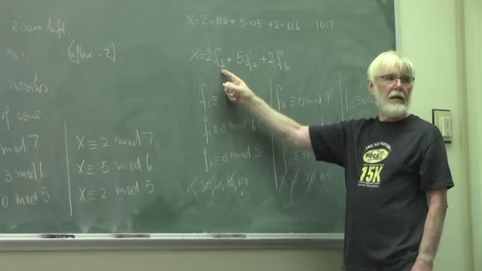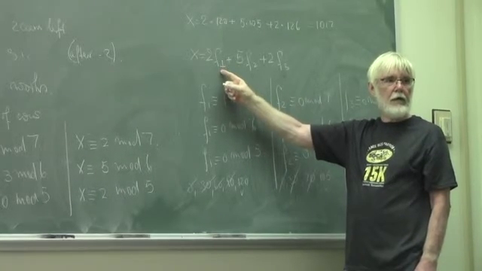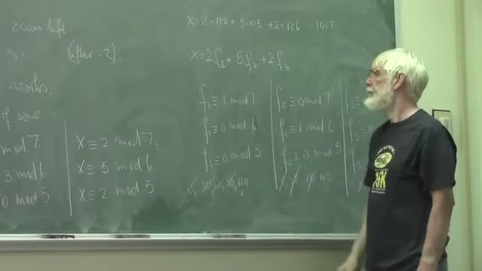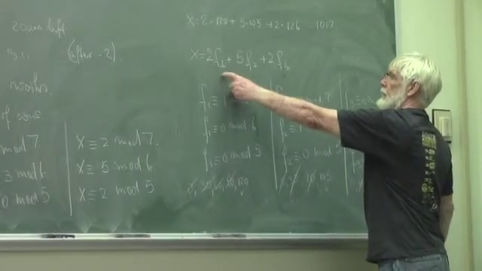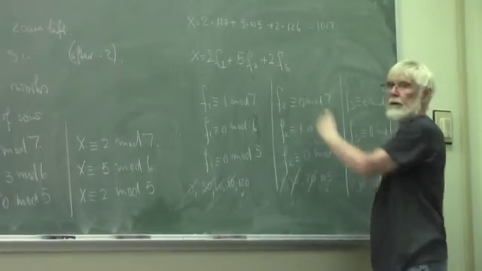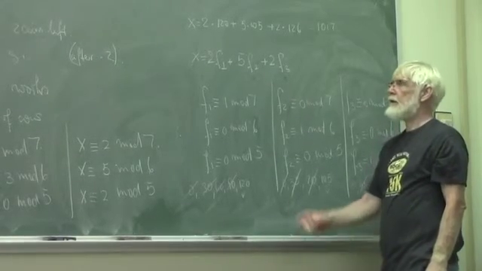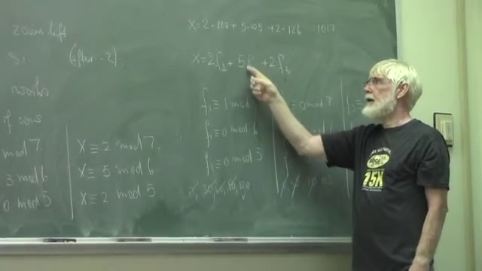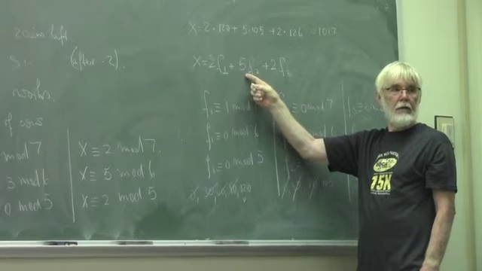Here you get a remainder 1, so twice this will give you a remainder 2, right? If you look at 6, this is divisible by 6, this is divisible by 6. So the remainder modulo 6 will be the remainder of this. This has a remainder 1, so you get a total remainder 5. Right?